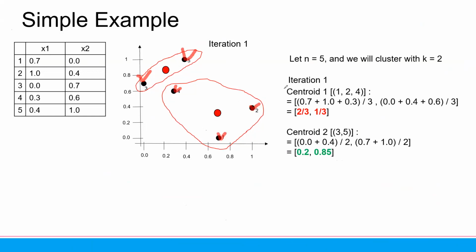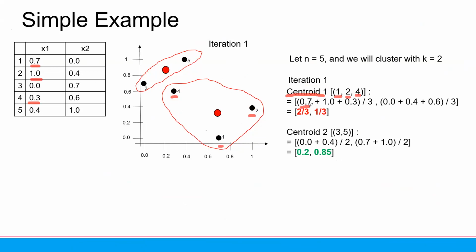Now, with iteration 1, I can calculate the centroid. What does centroid mean? Centroid is the center point. For the center point of objects 1, 2 and 4, I add them up and divide by 3.